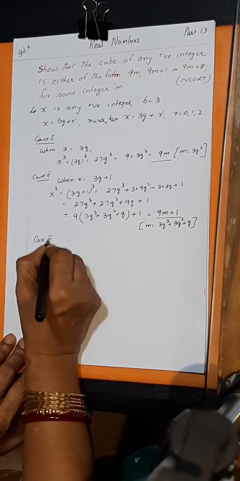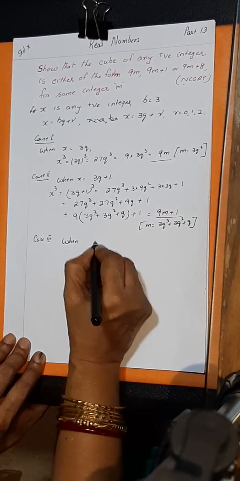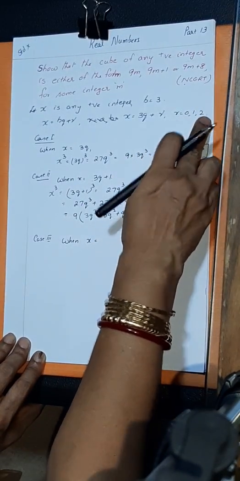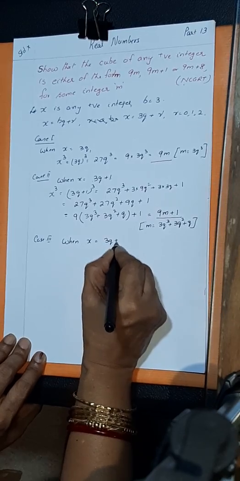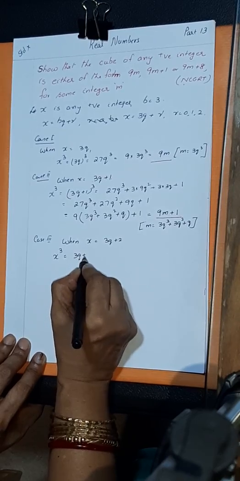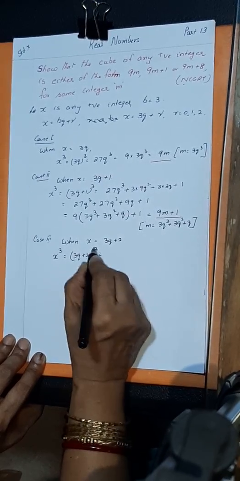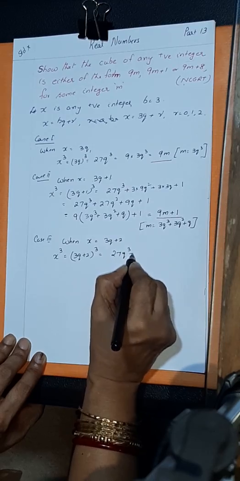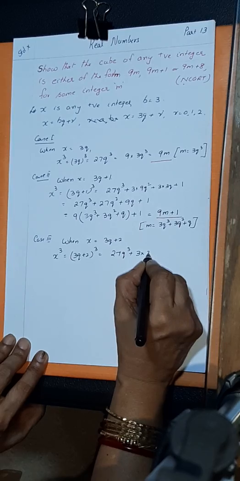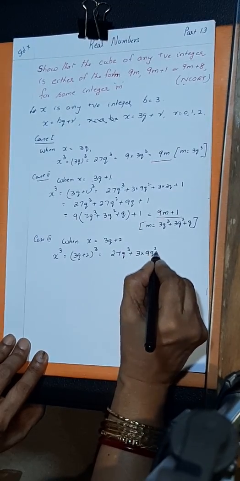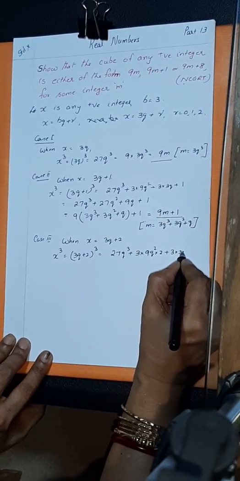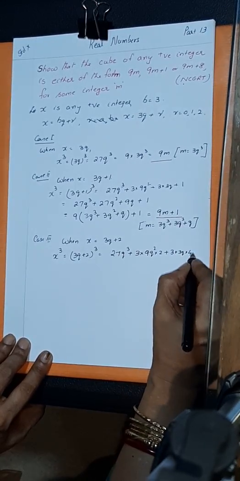Now when x is equal to 3q plus 2, x cube is equal to 3q plus 2 the whole cube, which is a cube plus 3a squared b plus 3ab squared plus b cube.